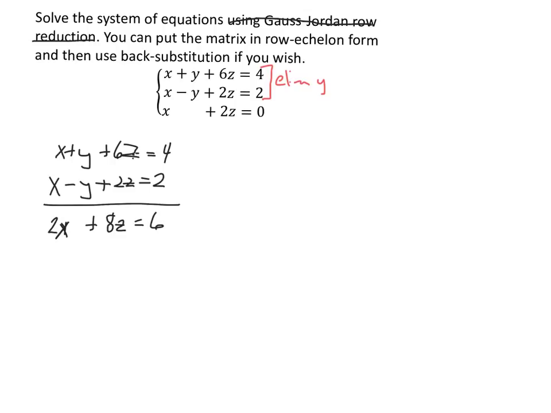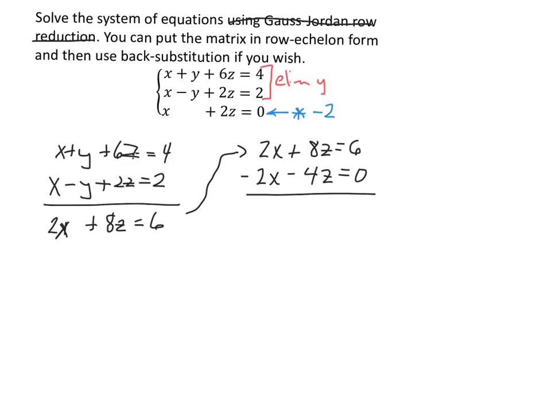Now this equation, along with the bottom one, both have x and z. So what I'm going to do is take this equation, 2x plus 8z equals 6, and multiply the third equation, because it's on the bottom, times negative 2, because that way I'll have negative 2x minus 4z equals 0, and my x's cancel out.